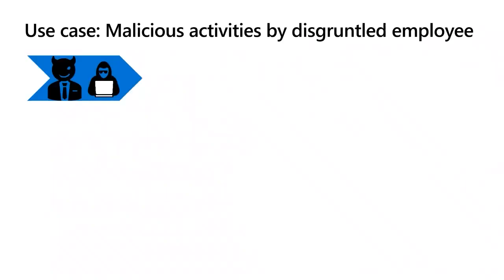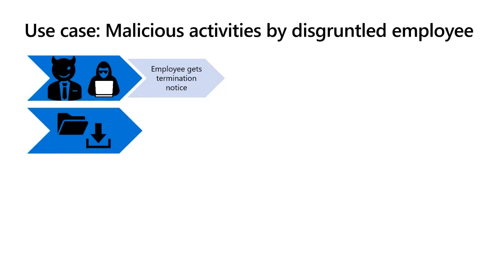Now, let's imagine we have a disgruntled employee who has a feeling he might be terminated in the future. Or let's say he's already got a notice to clear his office by the end of the week. Anyways, an unhappy employee. So he decides to take matters into his own hands. This unhappy employee starts extracting CRM records in an attempt to cause harm to the organization.